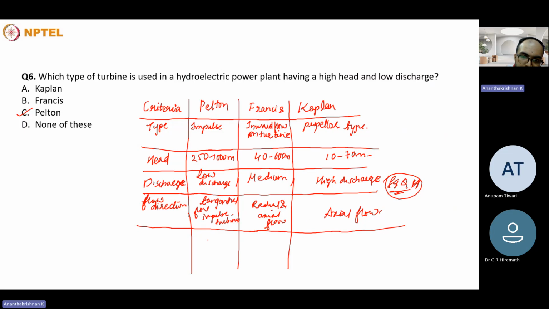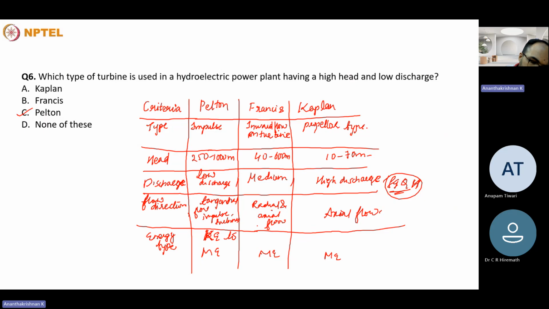So here it is, and the most important parameters: energy type, energy conversion. Here it converts potential energy to kinetic energy to mechanical energy of the shaft. The final form in the case of turbines will be mechanical energy.